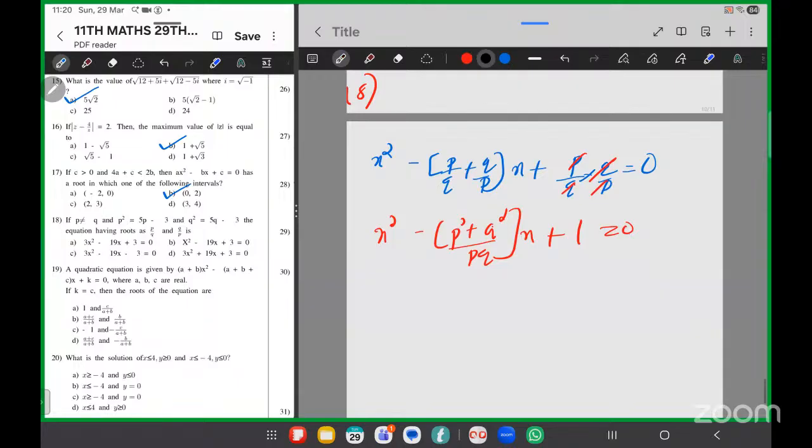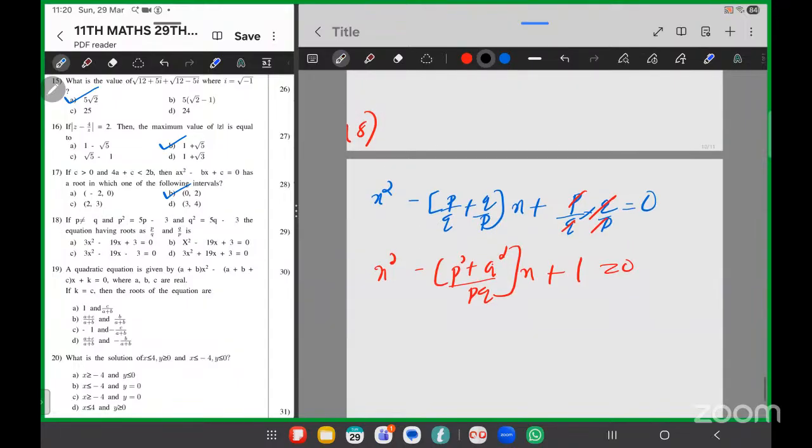So from the question, what is P square plus Q square? P square plus Q square is equal to 5 into P plus Q minus 6. We should have the value of PQ also.